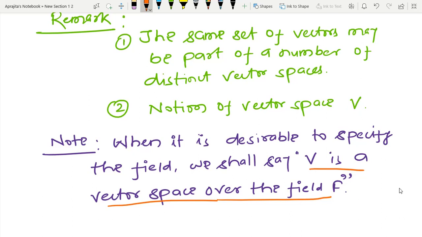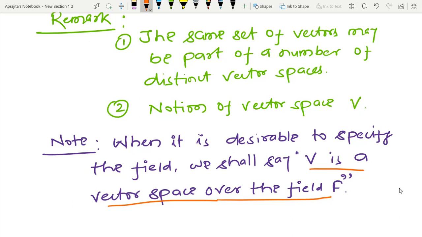The name vector is applied to the element of the set V, and that is largely a matter of convenience.